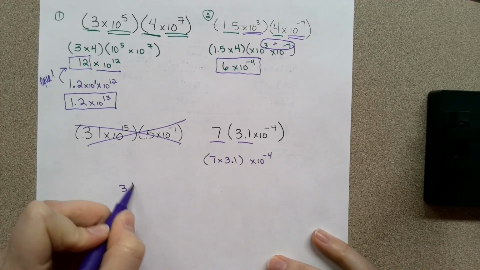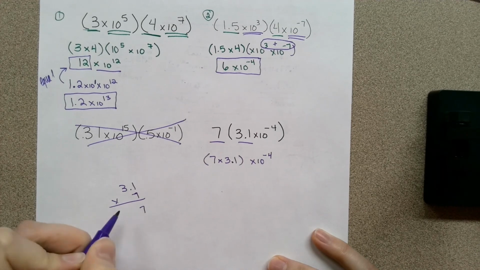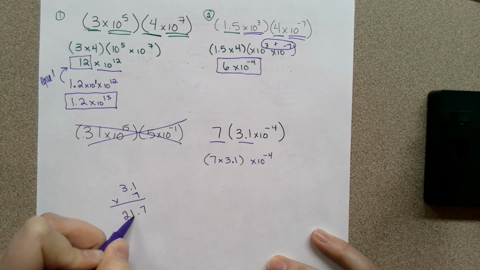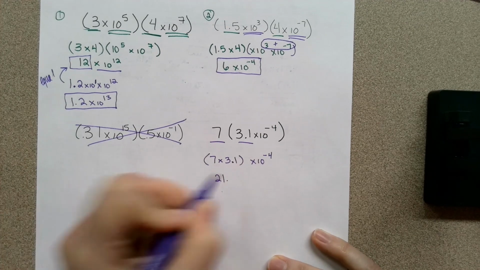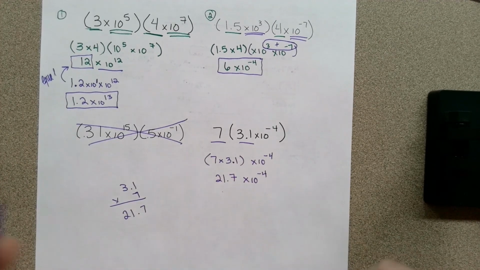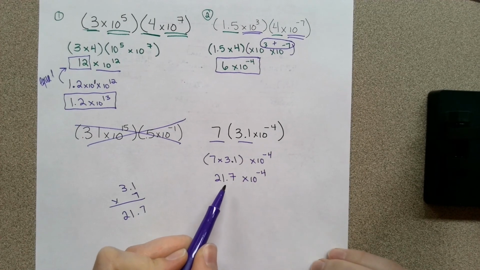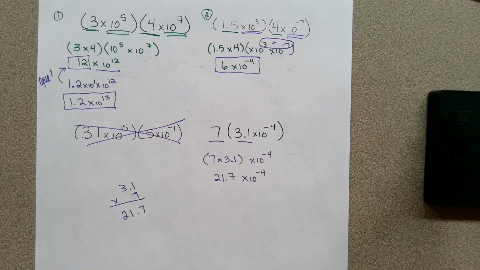We can show that over here if we need to, which gives us 21.7 times 10 to the negative 4th. It looks like scientific notation, but we learned in this lesson that it is not because of the 21.7.